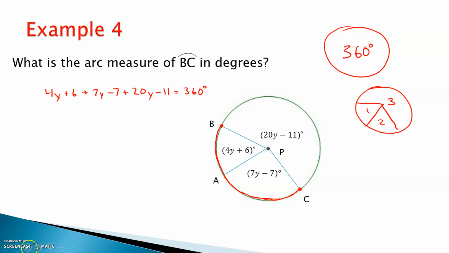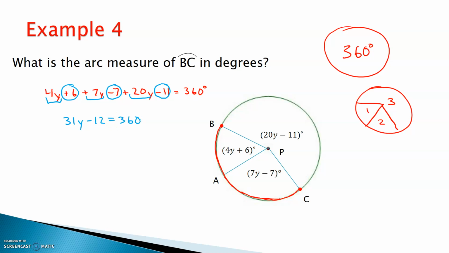Okay, well, this is just an algebra problem now. Combine like terms: 4y, 7y, 20y, that's 27, that's 31y. What's 6 minus 7? That's negative 1. Negative 1 and negative 11 is negative 12, is equal to 360.